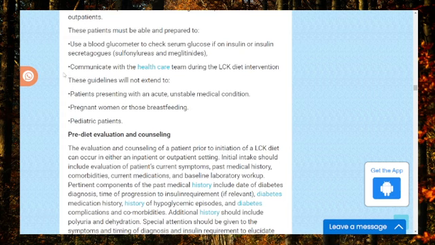Number 2, communicate with the healthcare team during the LCK diet intervention. These guidelines will not extend to patients presenting with an acute unstable medical condition, pregnant women or those breastfeeding, pediatric patients.